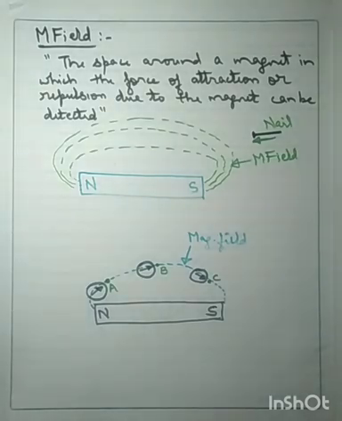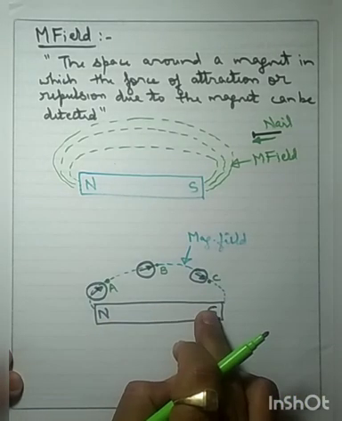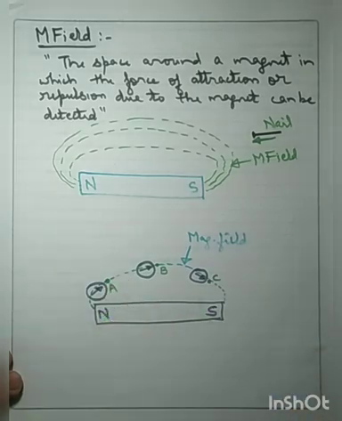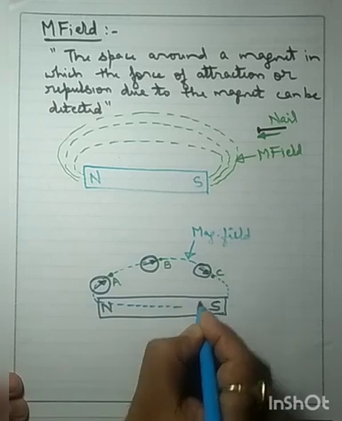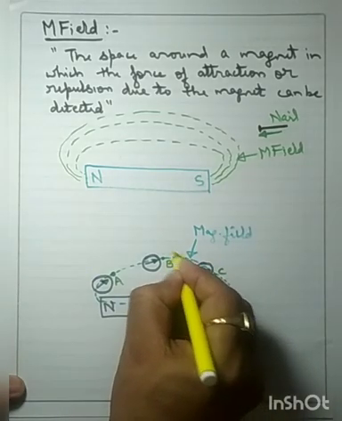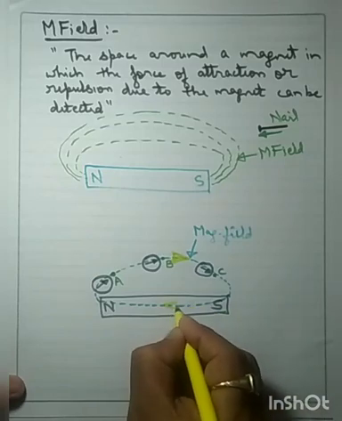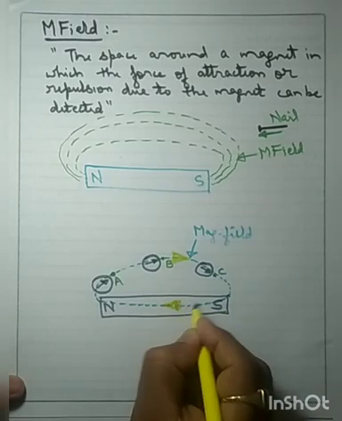So we can say that the magnetic field is a closed curve. Why are we saying closed curve? Because outside the magnet it moves from north pole to south pole, but inside the magnet it moves from south pole to north pole. So that's why it is called a closed curve.